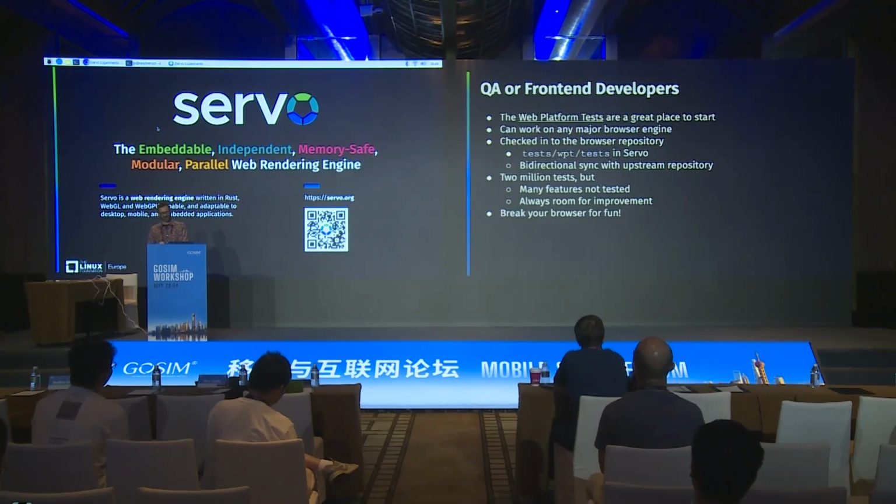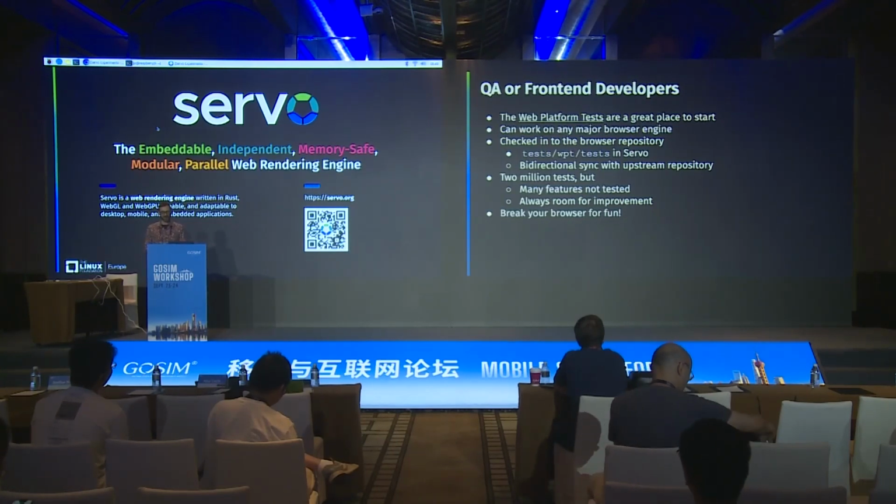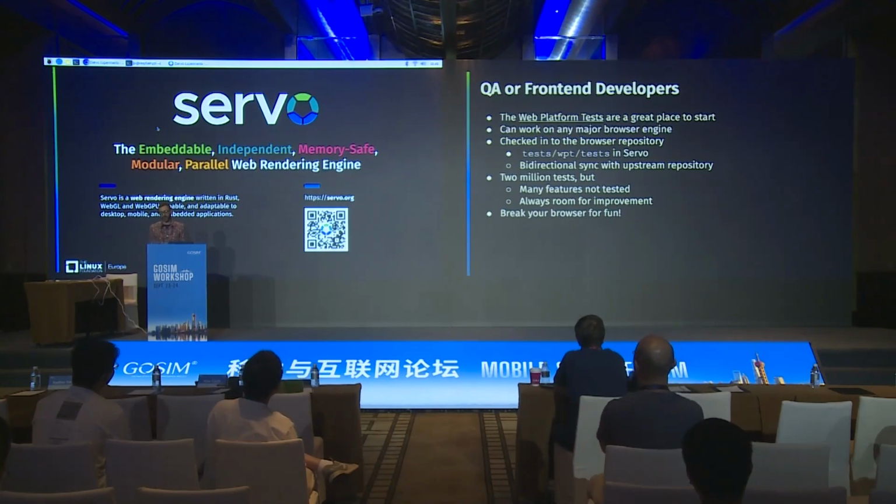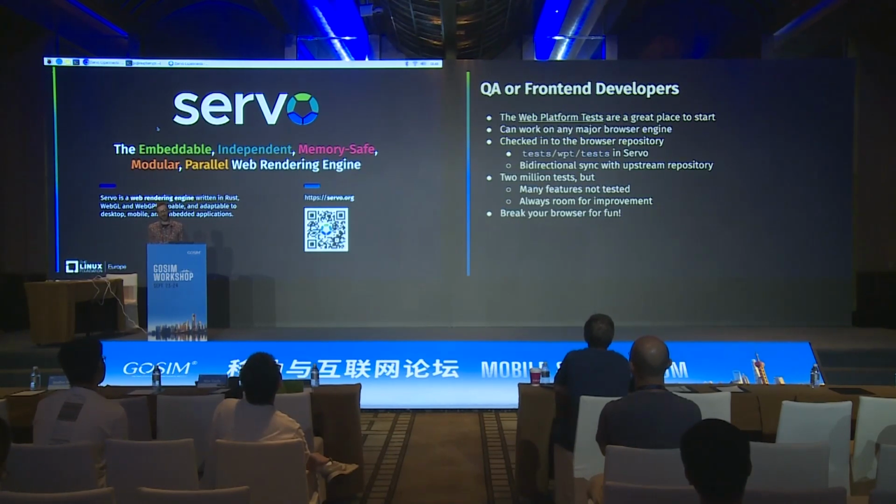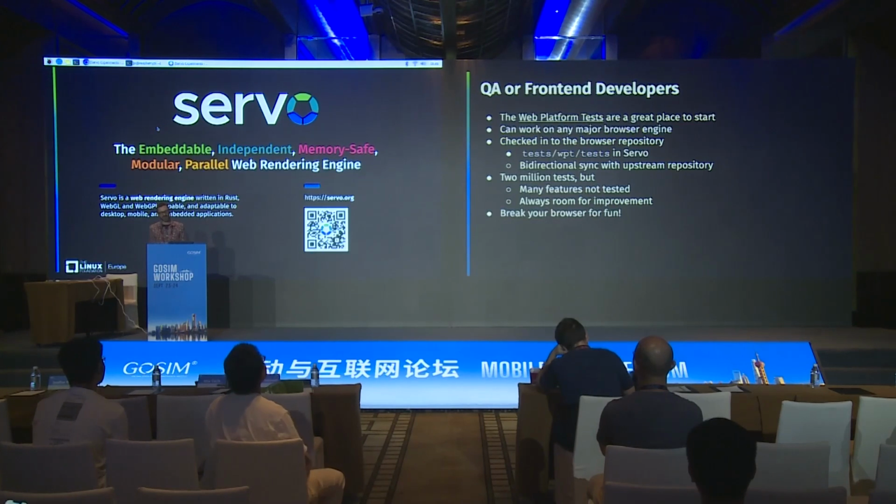Essentially, if your experience is in QA or front-end development, you're in a really great position to work on a web browser, because you know how the web works, you know about CSS and HTML, you've maybe suffered through their quirks, or you know about writing or trying things that break software. Those are two great skills to have to work on the web platform.